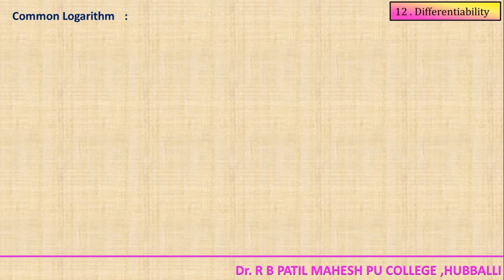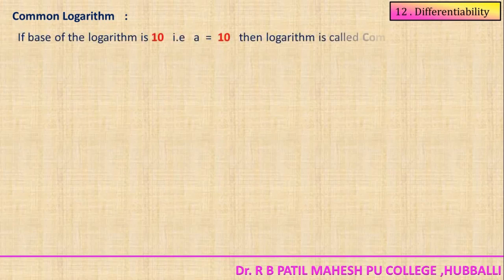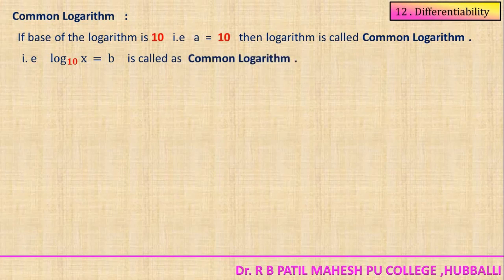Next is the common logarithm. If the base of the logarithm is 10, then the logarithm is called the common logarithm. That is, log x to the base 10 is equal to b is called the common logarithm.